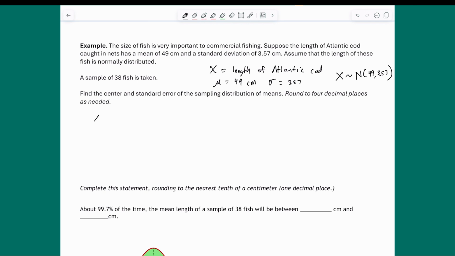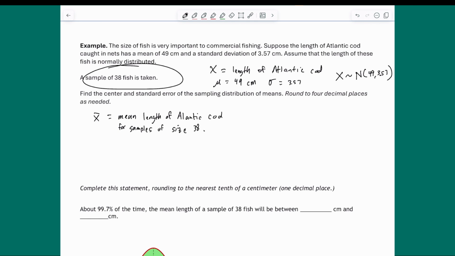So this is talking about x bar, where x is the mean length of Atlantic cod for samples of size 38. In other words, we're told that we're looking at samples of size 38, so the sampling distribution of means of samples of size 38.